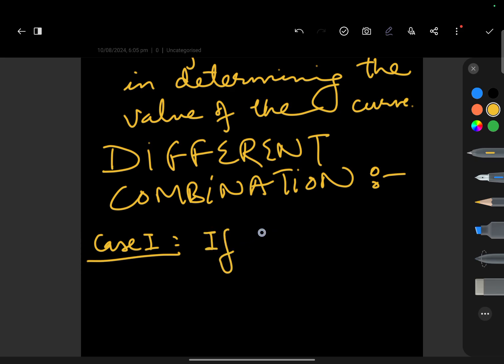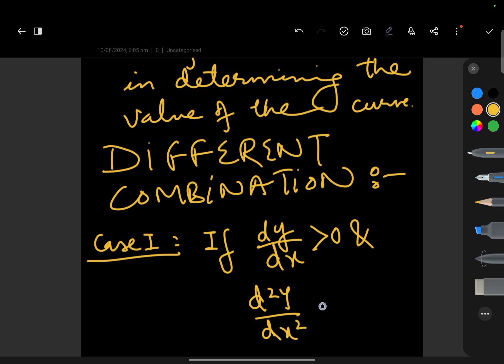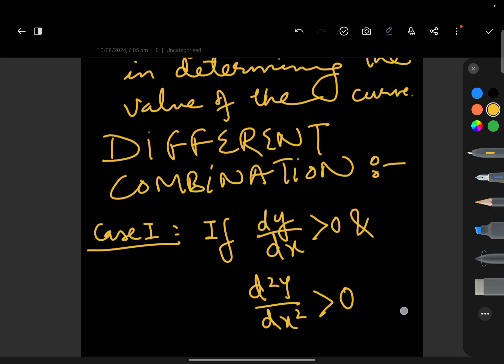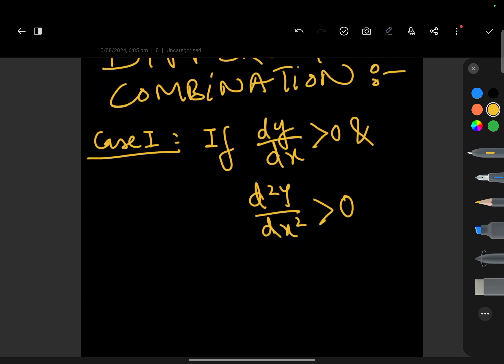If the first derivative, dy upon dx, is greater than 0, and the second derivative, d square y upon dx square, is greater than 0, what does this combination of the first and the second derivative suggest? As we know, the function is y is f(x).